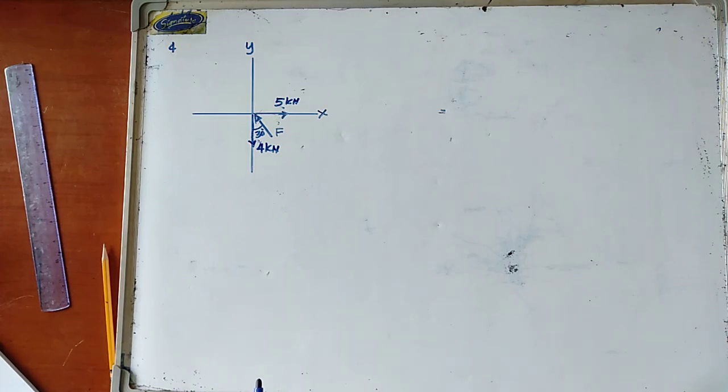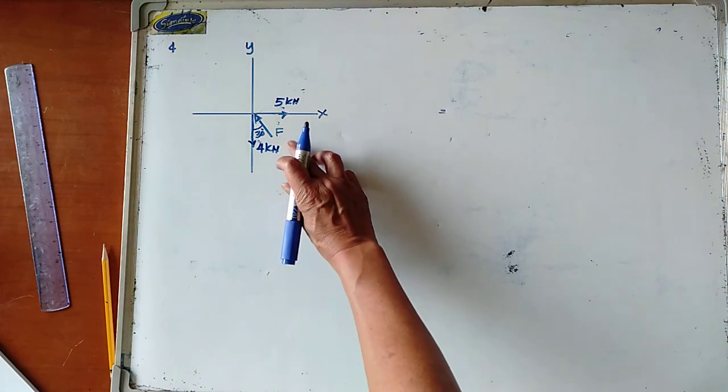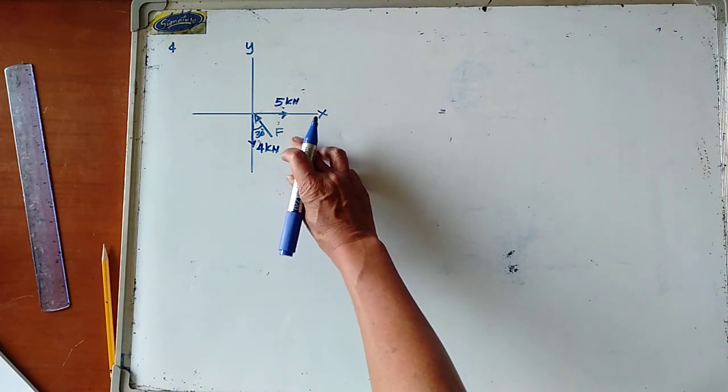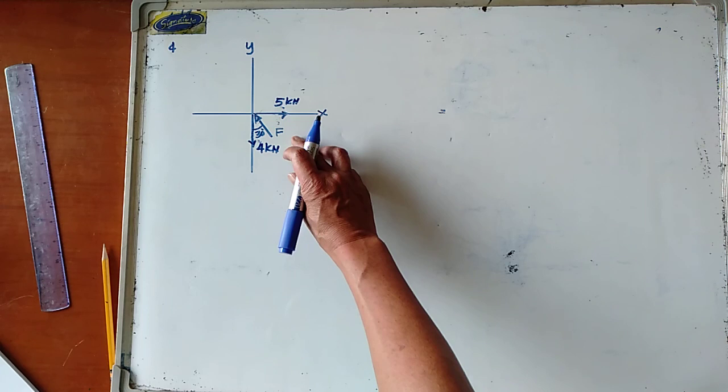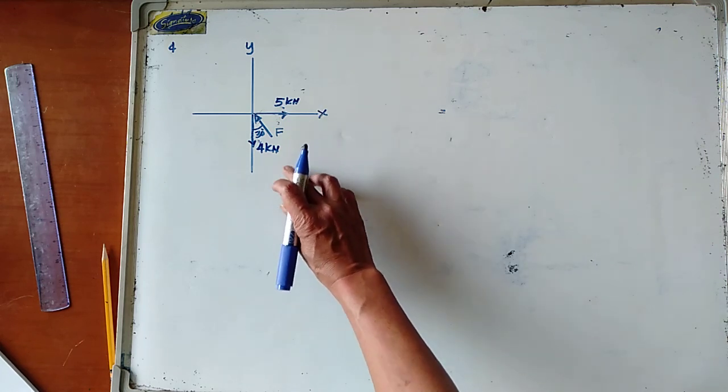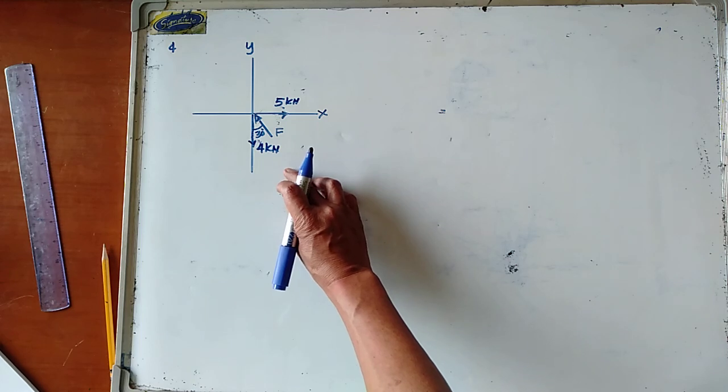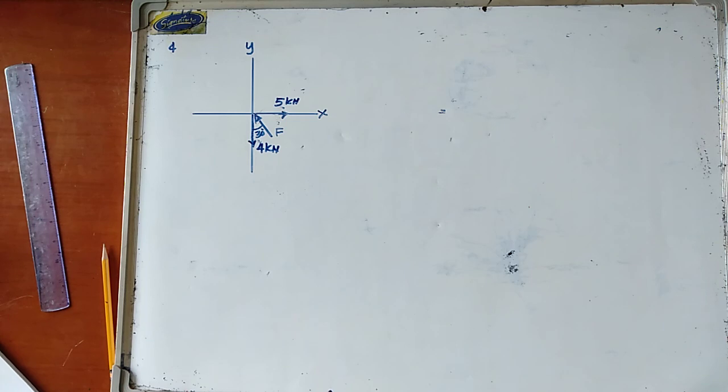Determine the magnitude of the force F so that the resultant force R of the three forces is as small as possible. What is the minimum magnitude of R?